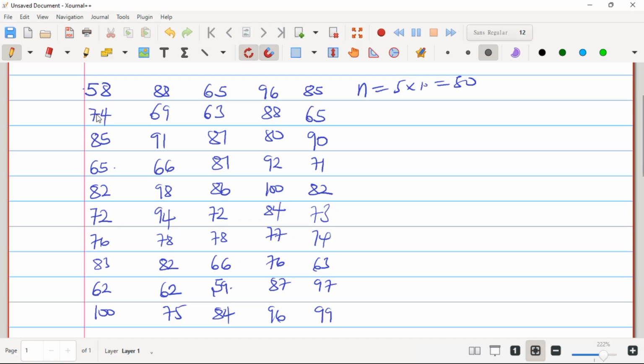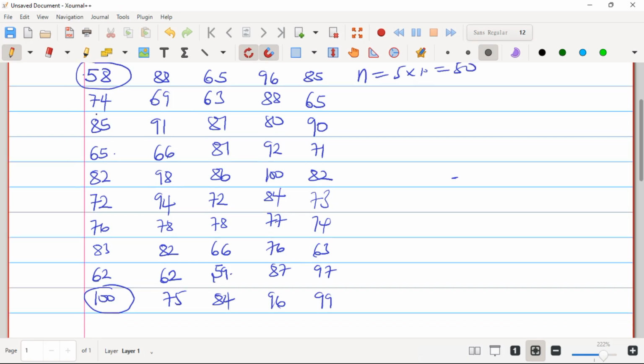Our smallest value is 58, and our largest value is 100, right? So we are arranging it from smallest to highest.